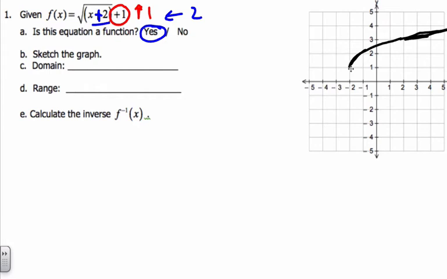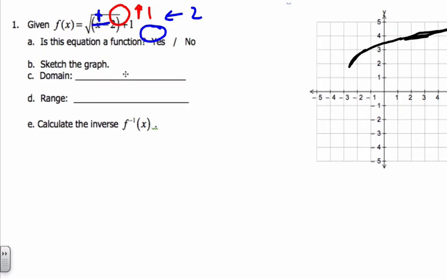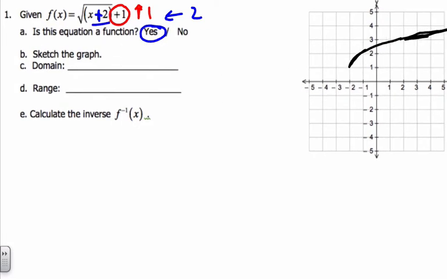It starts here at -2, so x is bigger than or equal to -2. And the range is all the y values going up, horizontal lines up here, and that is y is bigger than or equal to 1. Okay, there's just a quick review.